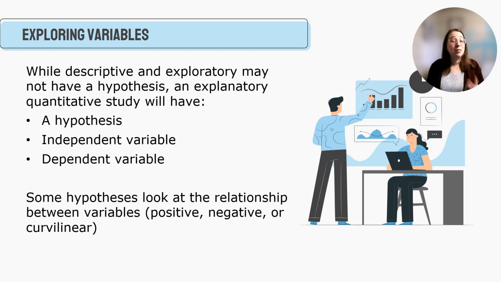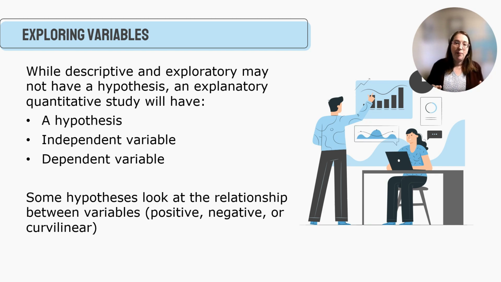When you look in an explanatory quantitative study, you do have a hypothesis and an independent and a dependent variable. So you're really saying, I believe there is a causal relationship between the independent variable and the dependent variable, that if I change the independent variable, the dependent variable will change as well. Some hypotheses really just look at the relationships between variables in a very open way. You can have directional or non-directional hypotheses.